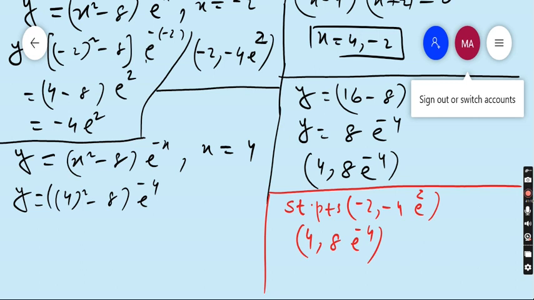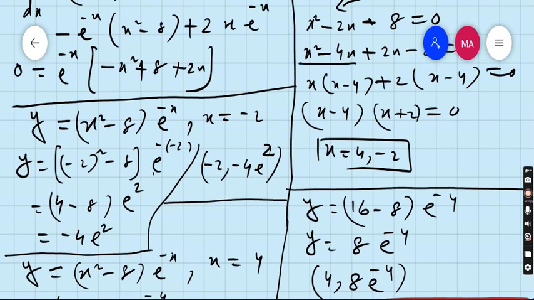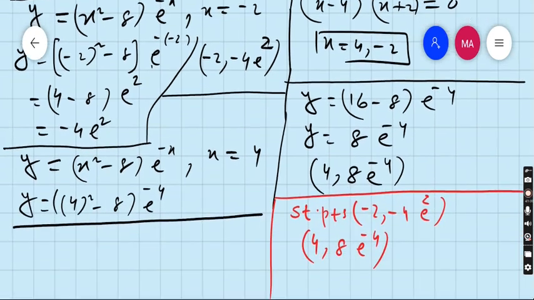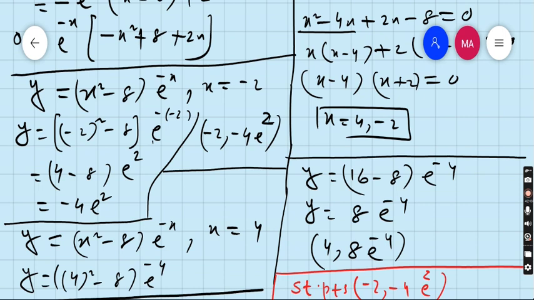In order to find the nature, write the derivative answer again. What is our derivative? dy by dx is e minus x into minus x square plus 8 plus 2x.